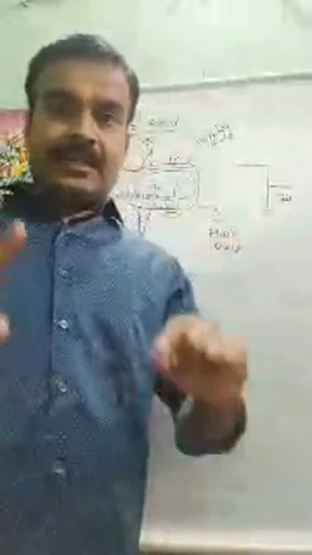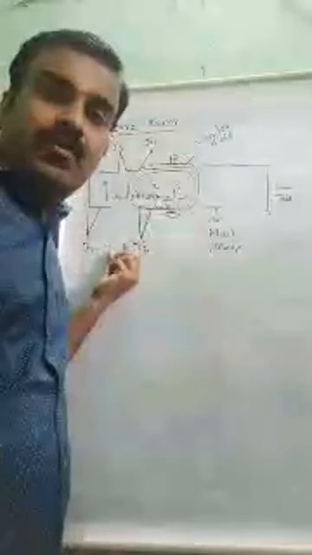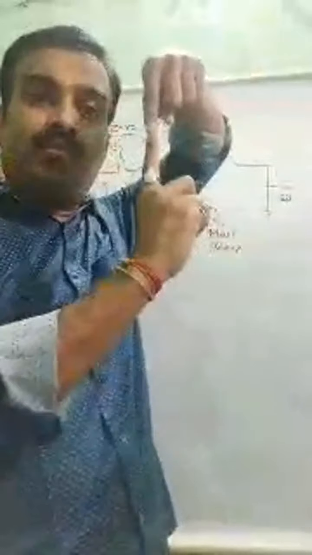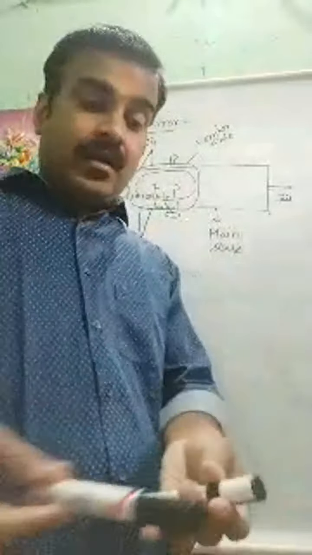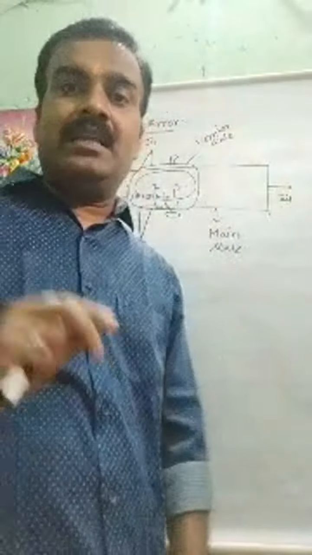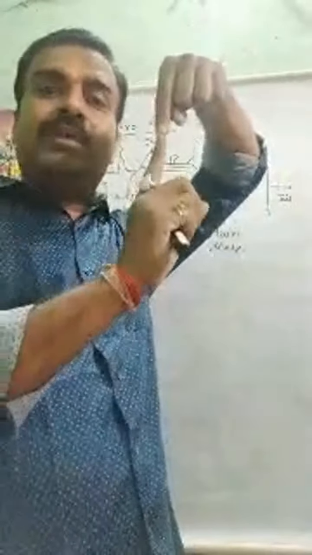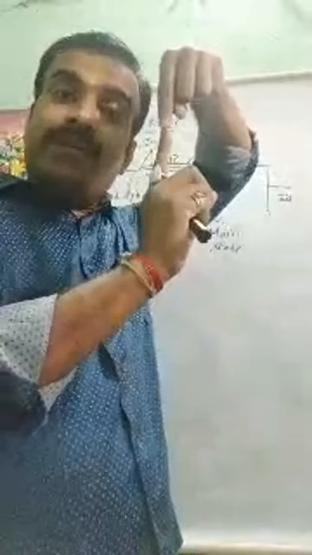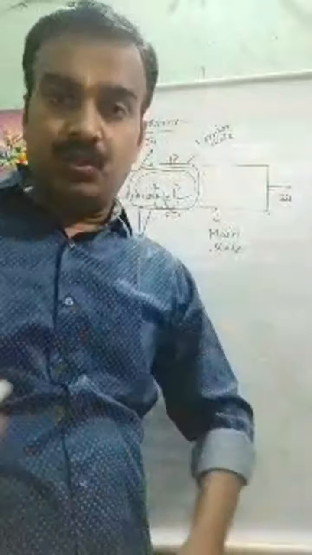Okay. Got it? Once we join both the jaws, if the zero of the Vernier and the zero of the main scale are exactly coinciding like that, that means no zero error is there.